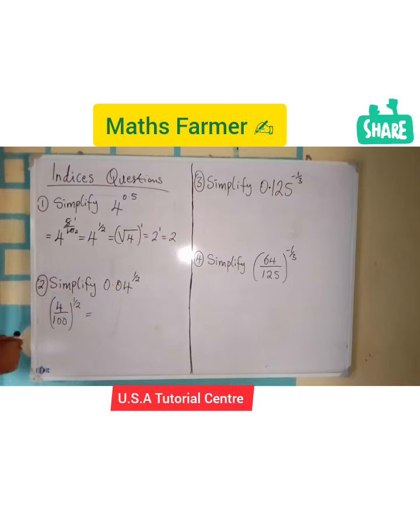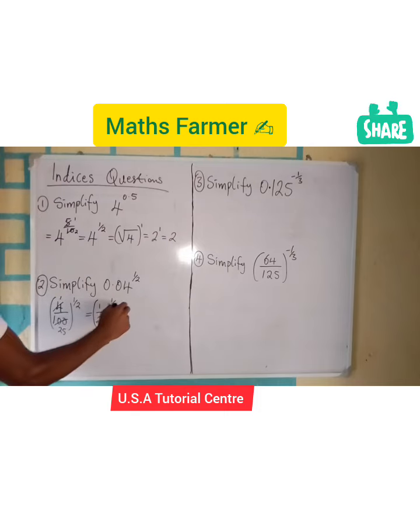Now, something can divide 4 and 100. 4 goes into 4 once, and 4 goes into 100, 25 times. So what we have remaining is 1 over 25, all raised to the power of a half. Then we observe the law of indices, the fraction index law: the denominator becomes the root.